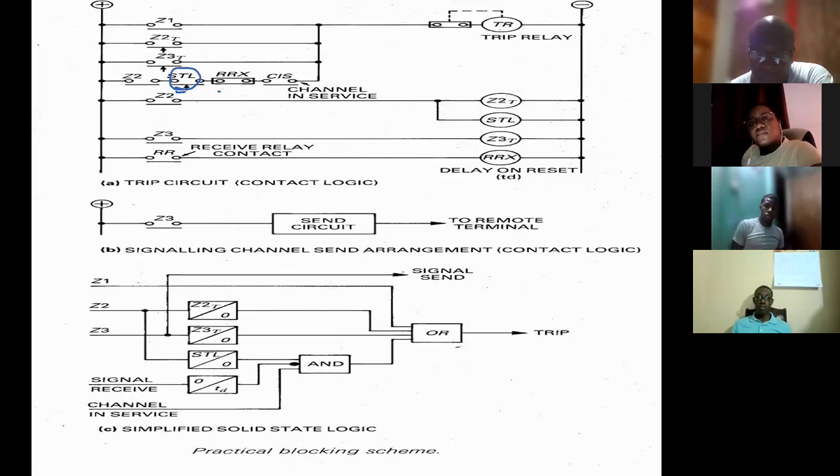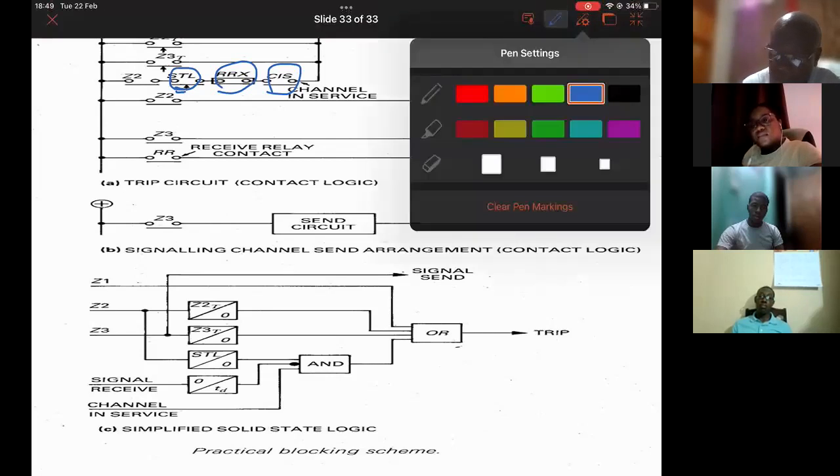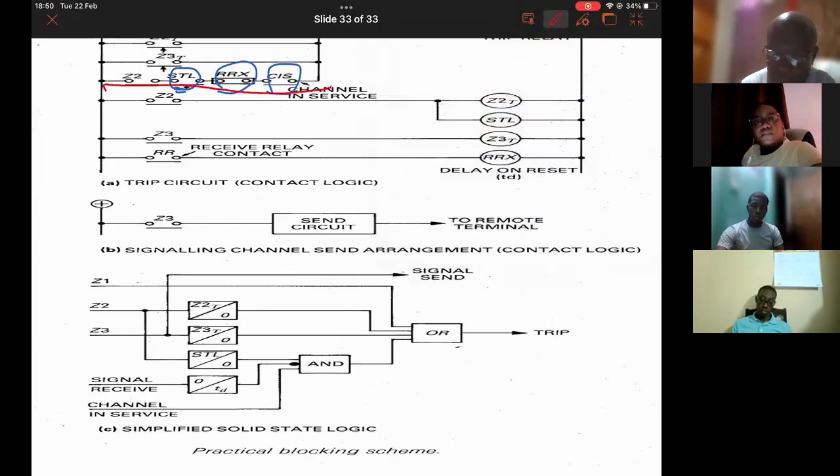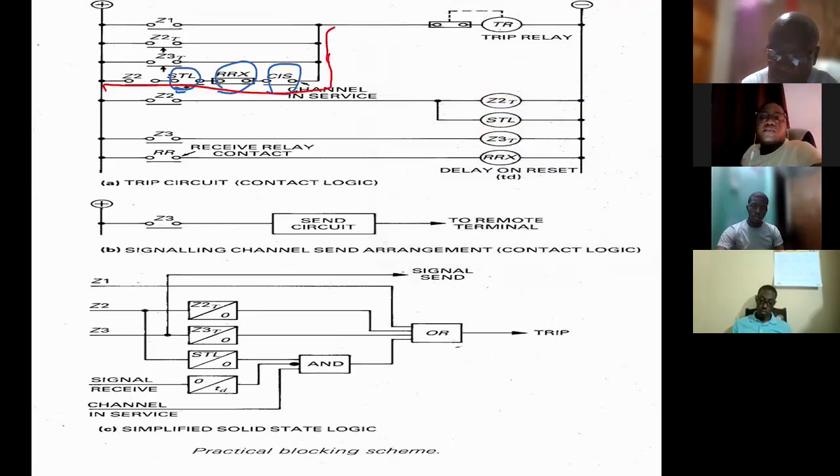Because we are just delaying it slightly to ensure proper operation. You receive relay, which we have already spoken about, and the channel in service, yes? Once the channel is in service, then you know that, well, not really, no, but then this path becomes available to us. This operational path becomes available only if the channel in service is working, yeah? Only if we receive nothing, and also after a short delay.